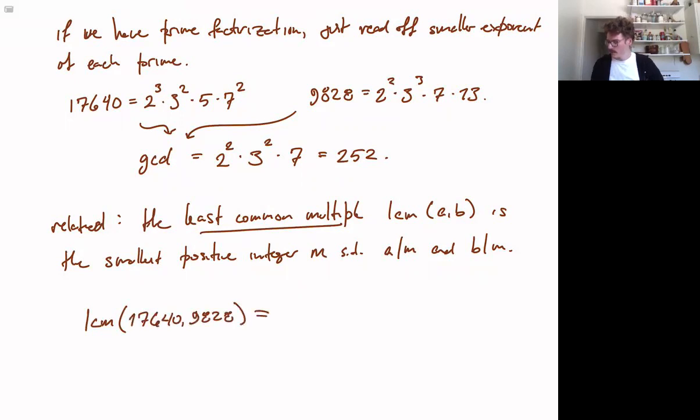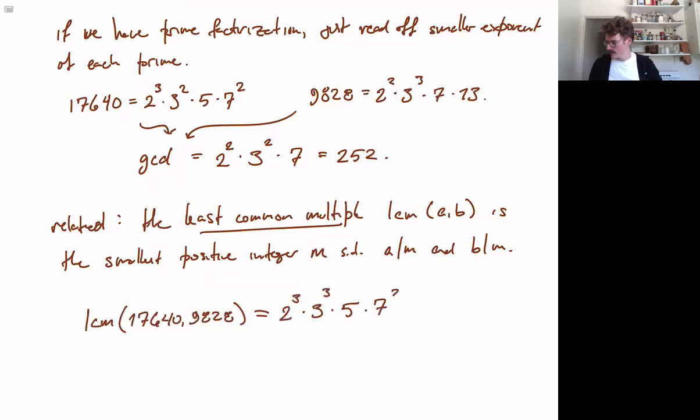What is the least common multiple? In this case, if we're doing least common multiple, we look at the exponents and we take the bigger one, because that is the smallest number that you can get by adding factors. So we will have a 2 to the third, since that's the larger of the two exponents. We will have a 3 to the third. We will have a 5, because it appears once here and 0 times there.